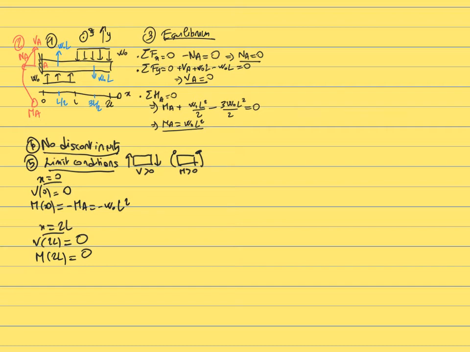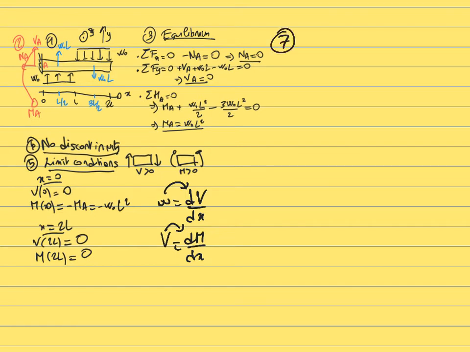The idea is based on the fact that the distributed load is the derivative of the shear, and the shear is the derivative of the moment with respect to x, which means that you can go from the load to the shear by doing an integration, in this case a graphical integration, and then you can go from the shear to the moment by doing an integration, again in this case a graphical integration.